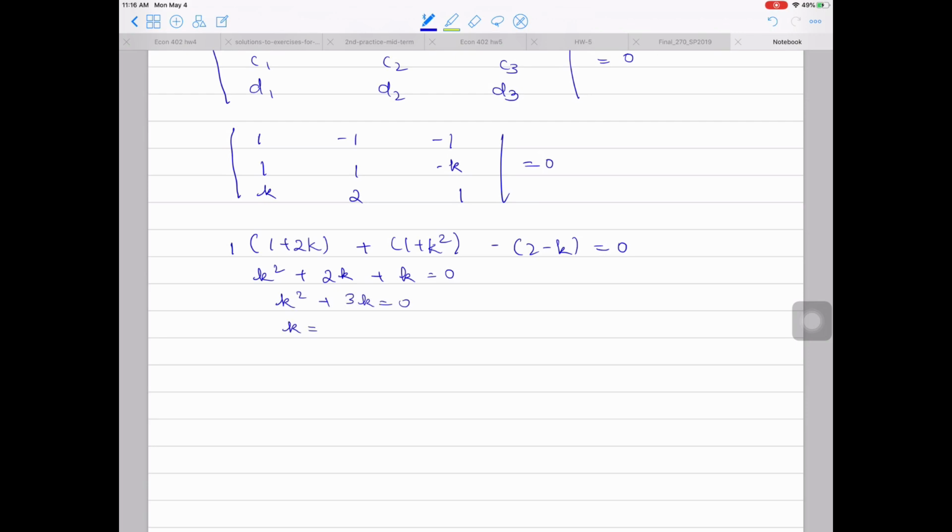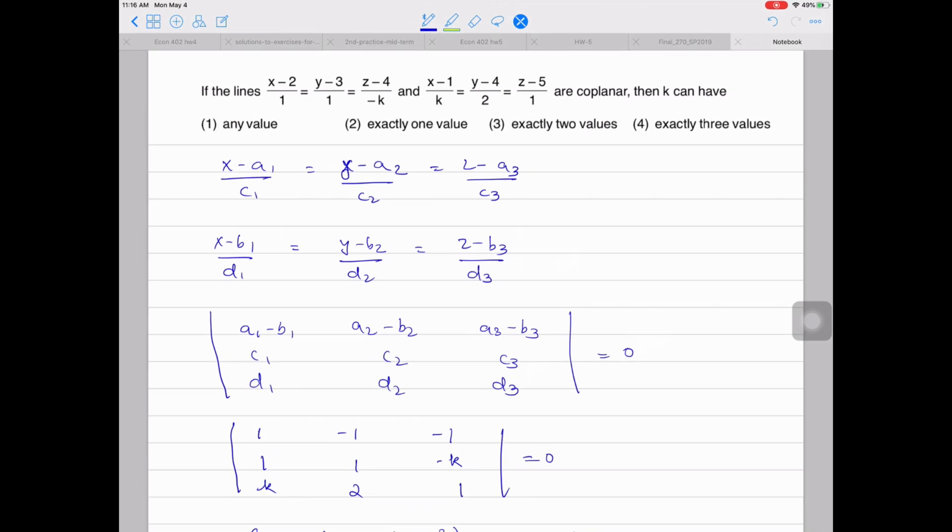So we have k equals 0 and minus 3. We get exactly two values. So our answer would be option 3, exactly two values.